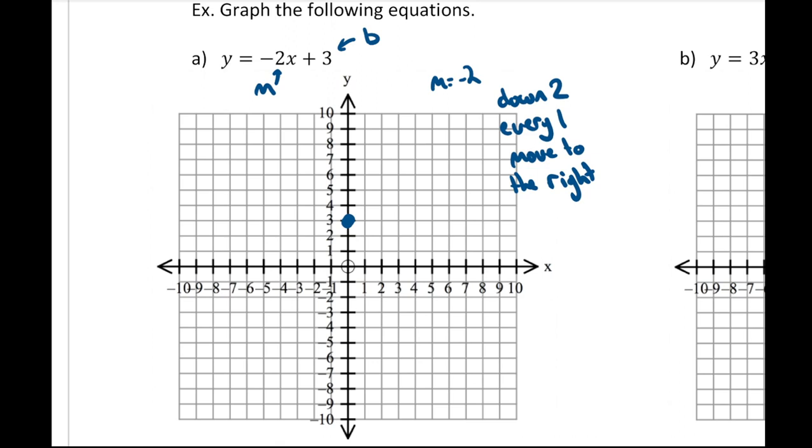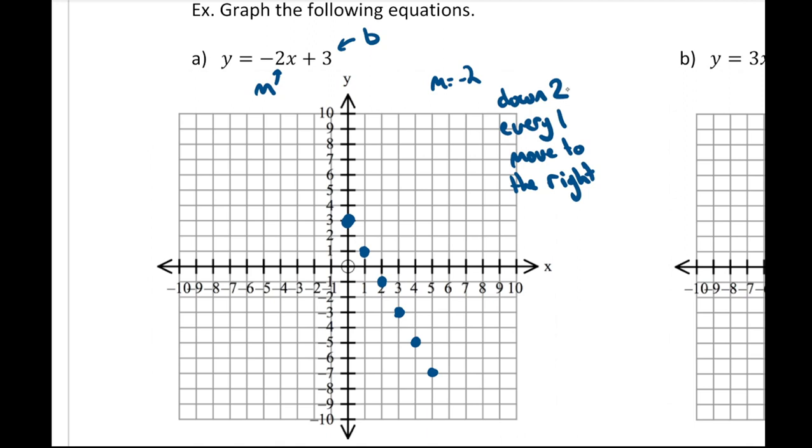So I'm at 3 to start. At position 1, I'm at 1. At position 2, I'm at negative 1. At position 3, I'm down 2 more, so negative 3. At position 4, I'm down 2 more at negative 5, and so on. This would also work in reverse.